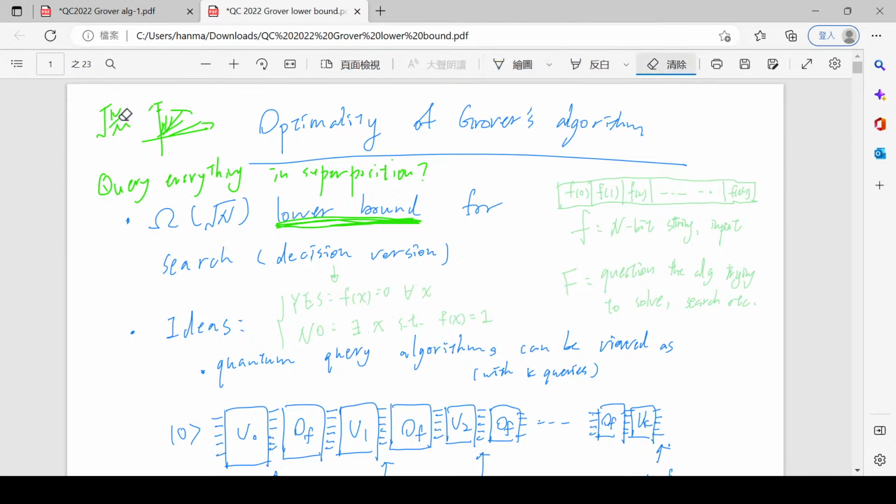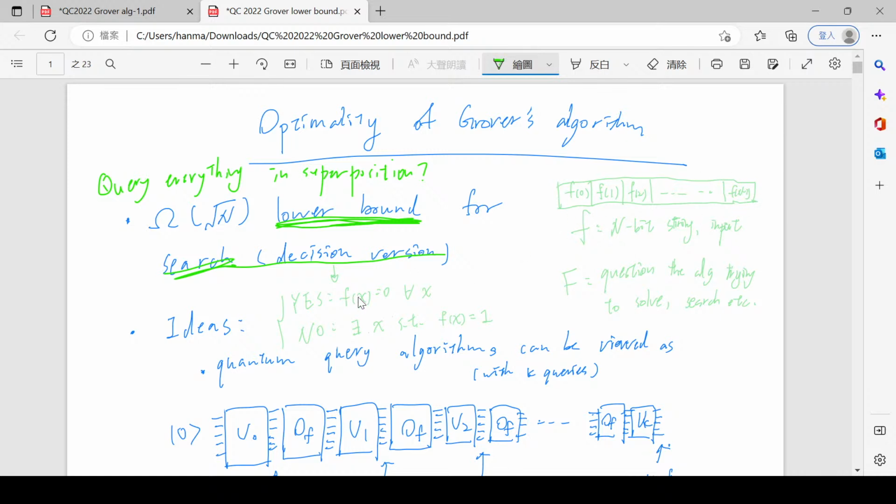But what we are lower bounding is this search problem. Okay, so we are actually talking about the decision version of the search problem. So once again, the decision version says that you want to know whether the output is yes or no, and yes is when f of x equals 0 for all x.